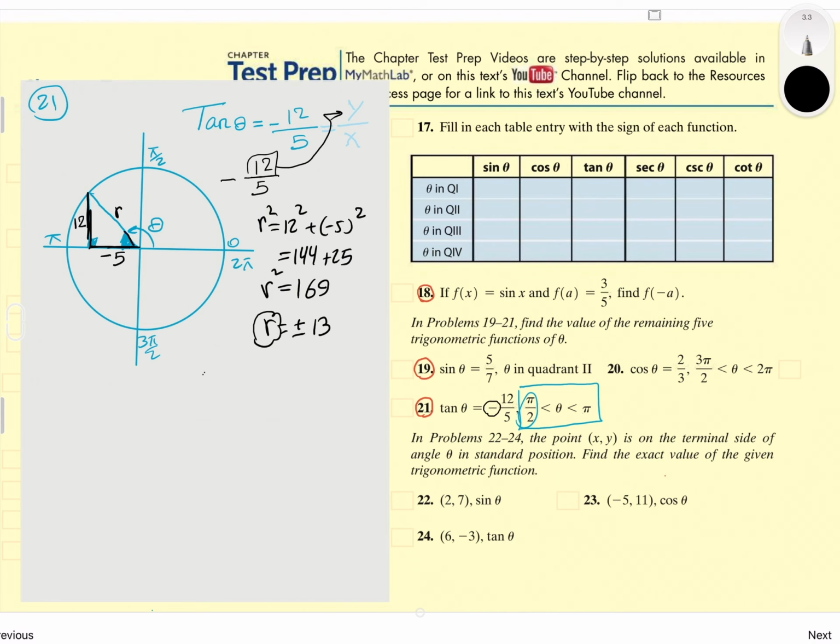R is the length of the radius, so never deal with a negative here. So r will be 13. If you're looking for sine of theta, it will be y over r, which is 12 over 13. And similarly, you can solve all of them. Correct?